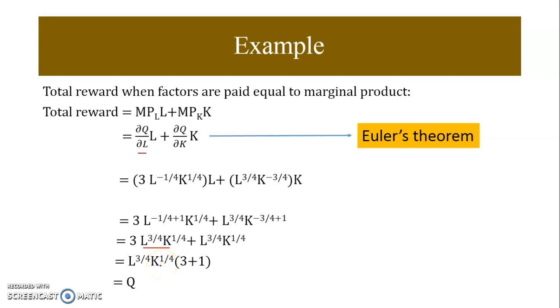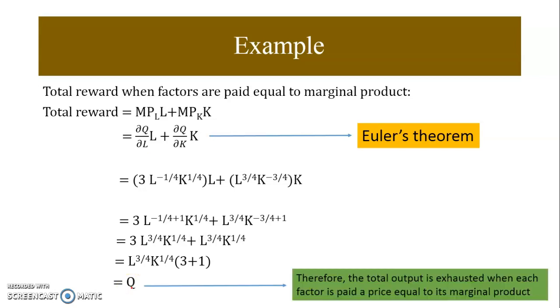So when we take this as common, this is 3 plus 1, and this is now 4 into L raised to power 3 by 4 into K raised to power 1 by 4, which is our original output. So this is equal to output. So now we are able to verify Euler's theorem, as well as that the total output is exhausted when each factor is paid a price equal to its marginal product.